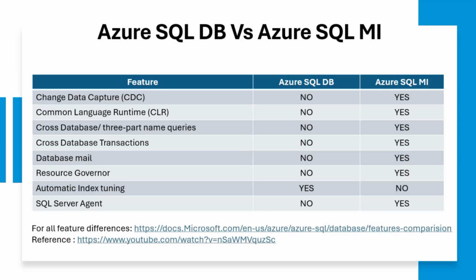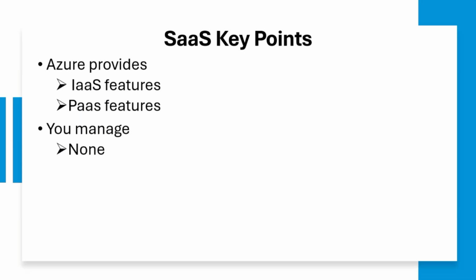All these options are not available in Azure SQL DB, whereas they are available in Azure Managed Instance. Automatic index tuning alone is not available in Managed Instance, whereas it is available in Azure SQL DB. So I spoke about SaaS.